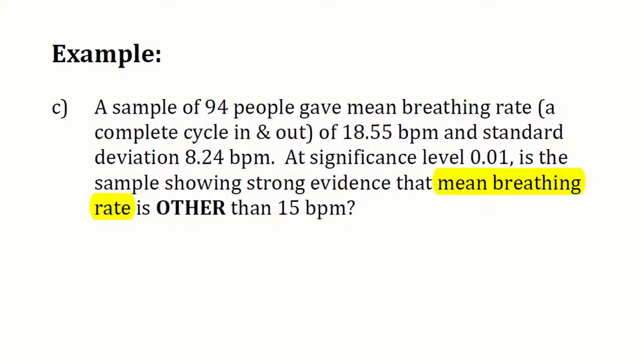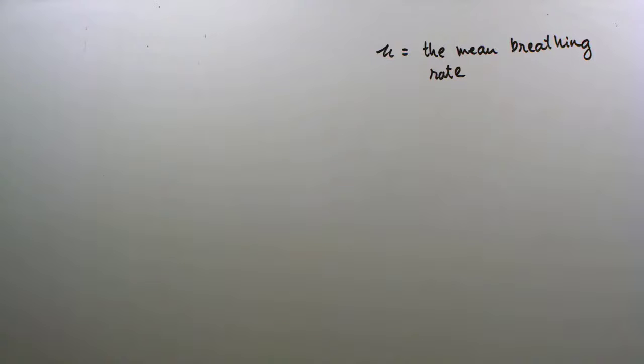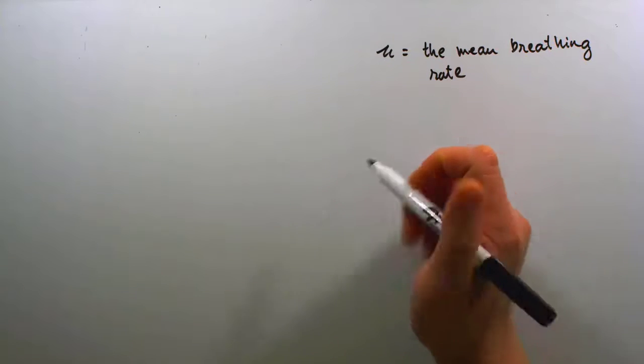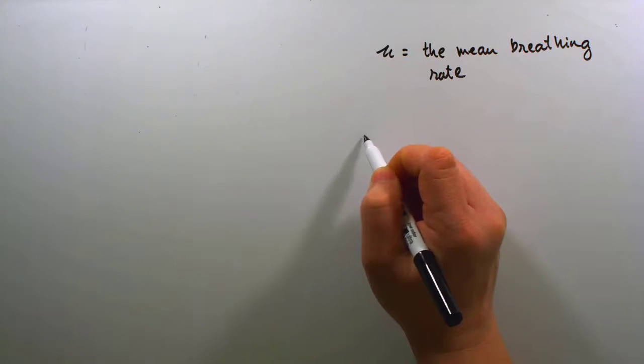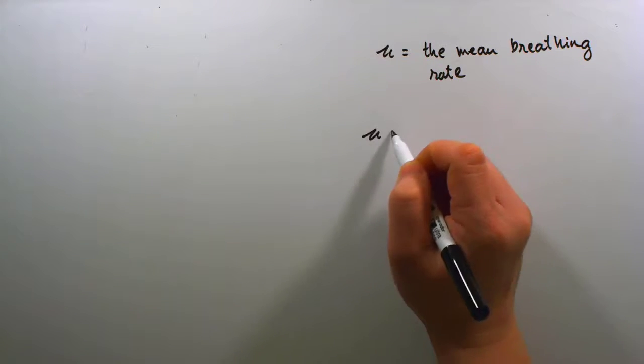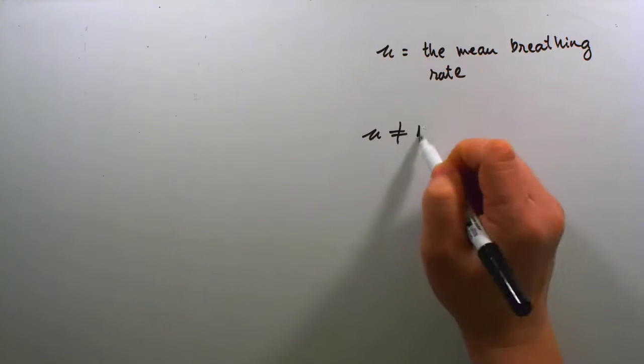The wording in the question is saying the mean breathing rate is other than 15 BPM, or breaths per minute. And so that means we can directly translate that into an algebraic expression. Mu is other than 15.